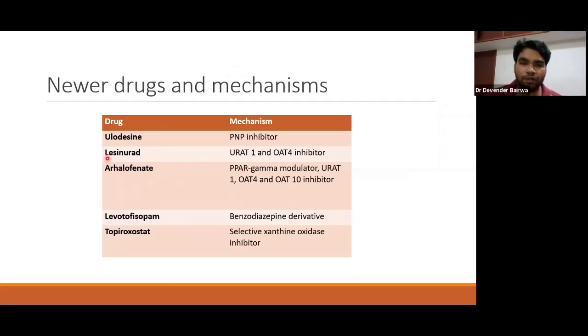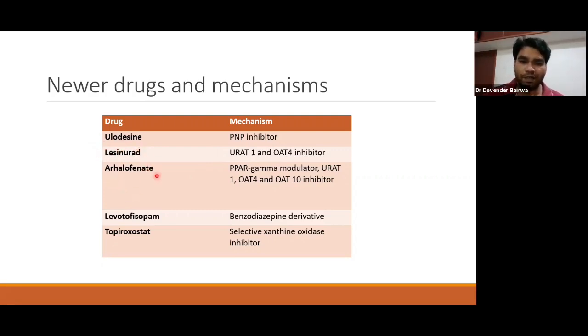So let's say lesinurad. It's a new drug, well, not so new. This drug has been in the market for maybe 5-6 years. Lesinurad works by inhibiting URAT1 and OAT4. We know URAT1 and OAT4 are both involved in reabsorption of uric acid in the PCT. So if they are inhibited by lesinurad, it can lead to more excretion of uric acid and amelioration of hyperuricemia.